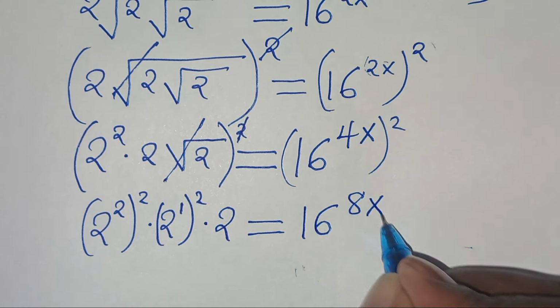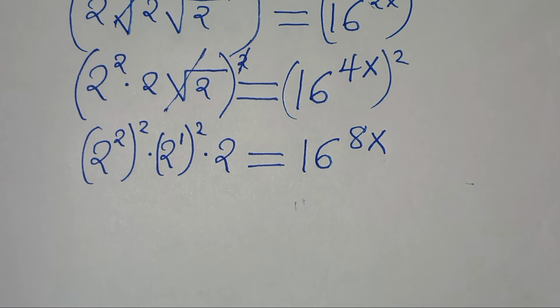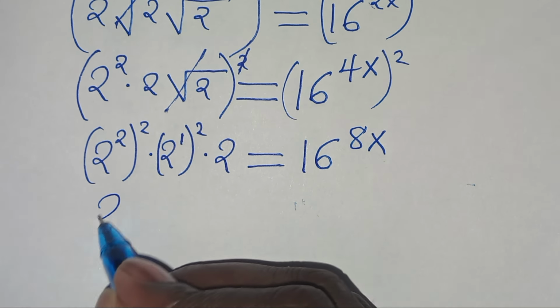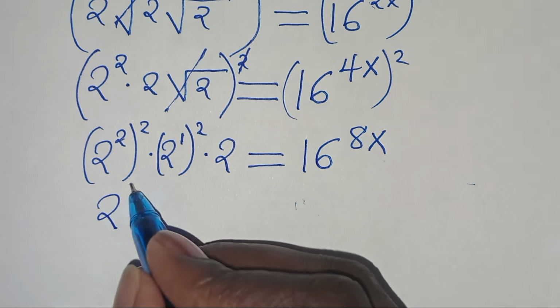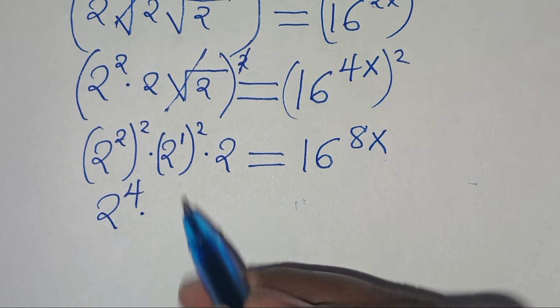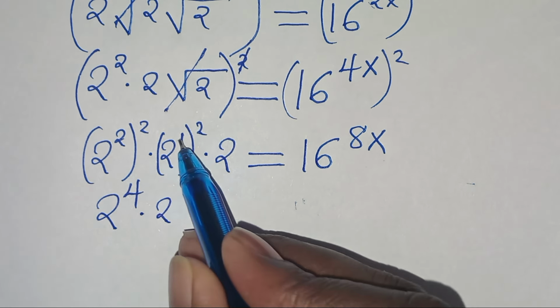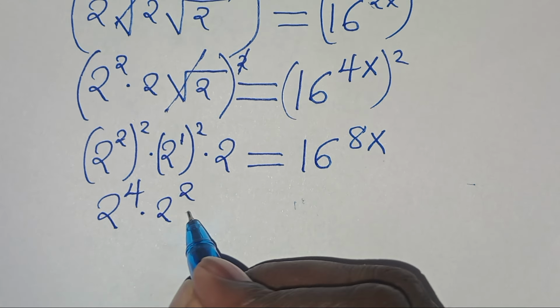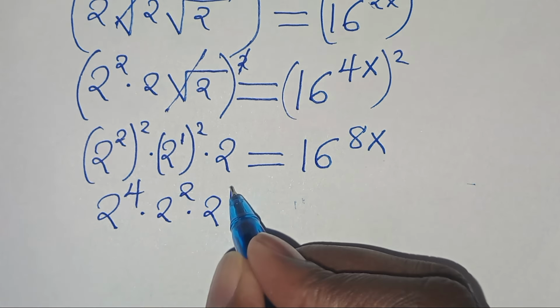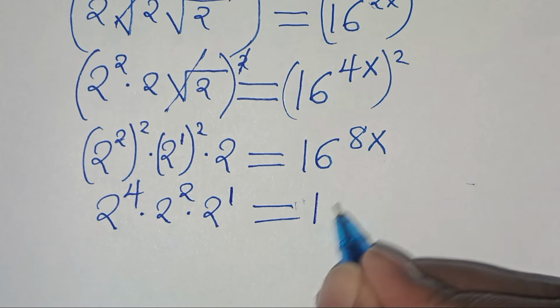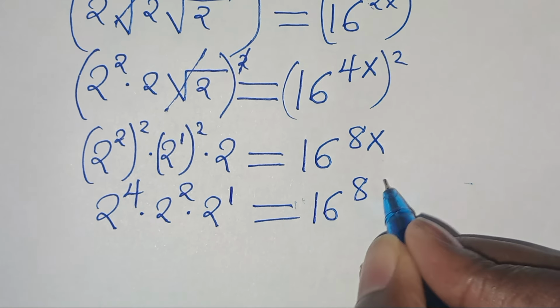This is 8x. Now this is 2 to the power of 2 times 2, which is 4, then times 2 raised to the power of 1 times 2. This is 2, then times 2. This is 2 raised to the power of 1. This is equal to 16 to the power of 8x.